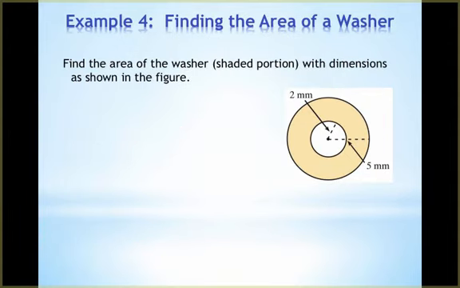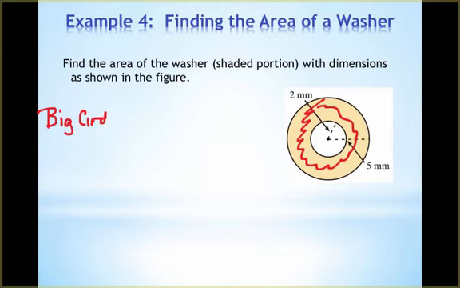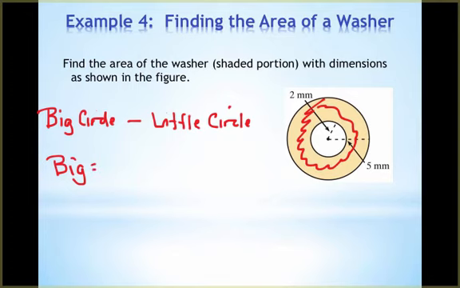Now let's apply our area formulas. This time we're going to find the area of a washer. And a washer is just a circle that has another circle removed from it. So again, we're looking for this shaded area between these two. So the easy way to do that is just find the area of the big circle and subtract out the little circle. So if I find the area of the big circle, and I'm just going to call it big, that's pi times the radius squared.